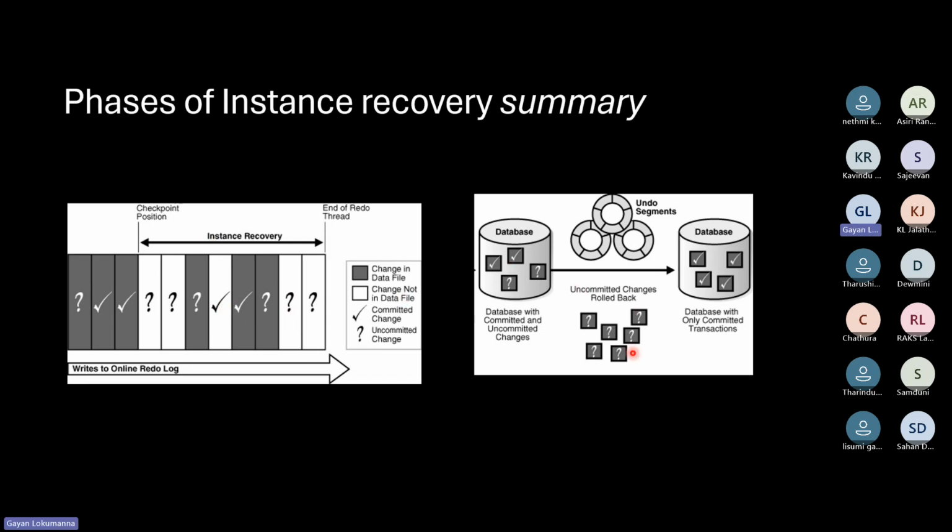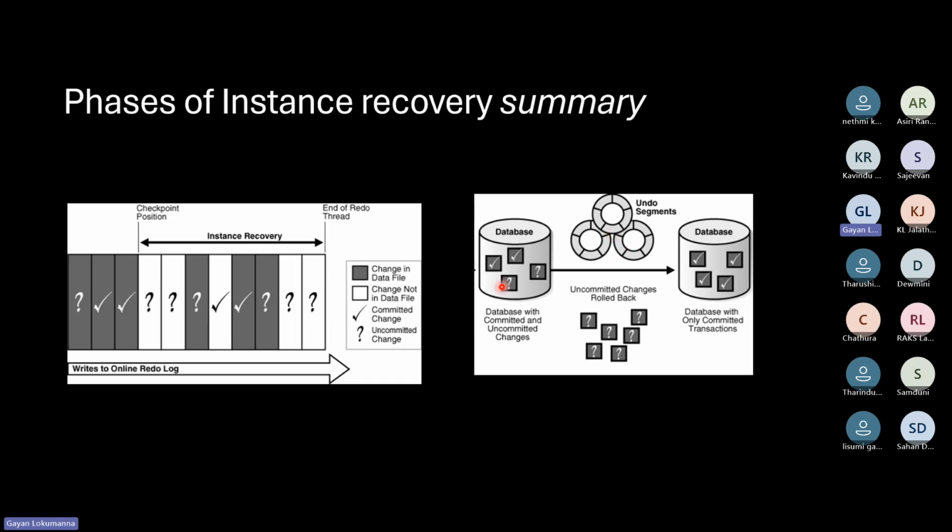In phase number two, you make use of your undo segments in order to roll back what has not been committed. The question marks basically indicate the uncommitted changes. These uncommitted changes will also be applied during the roll forward phase, because everything is applied from the last checkpoint to the end. But some of them have to be taken off because no commit request was sent prior to the failure.